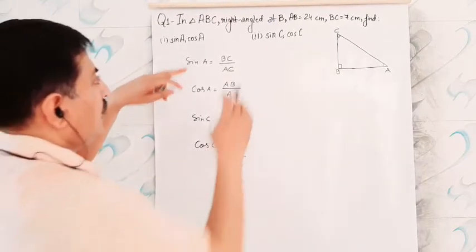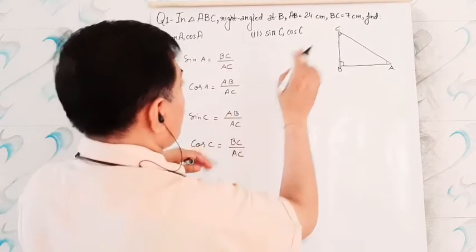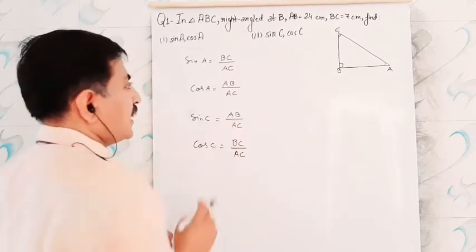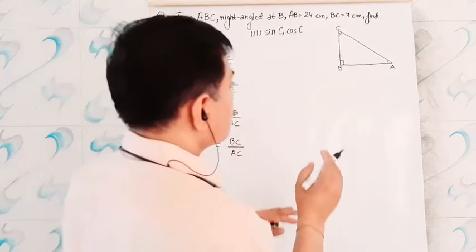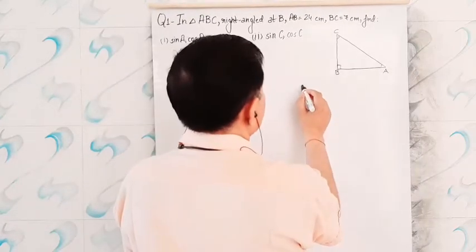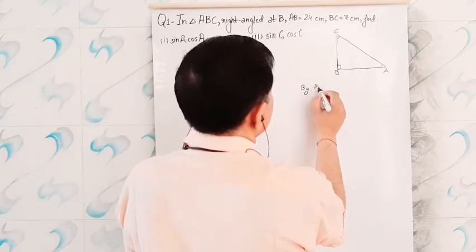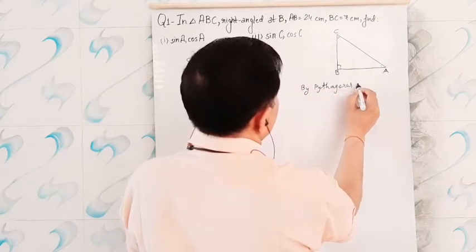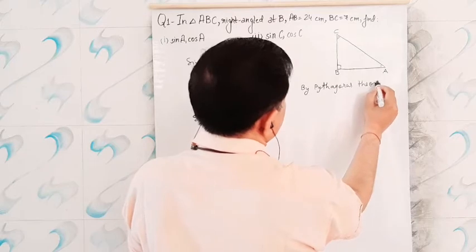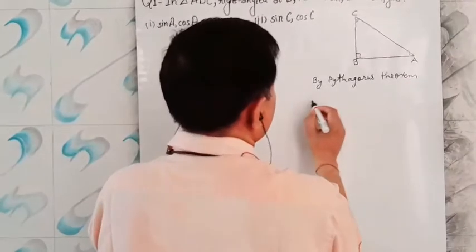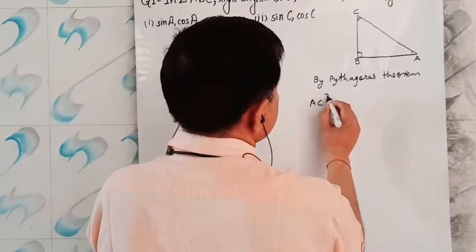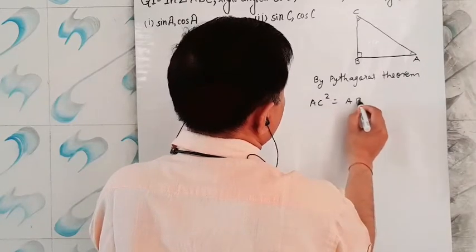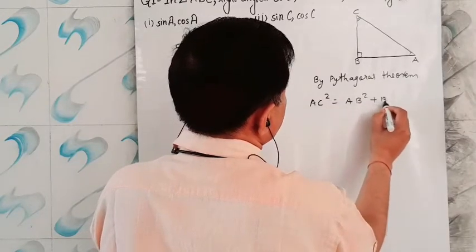Now AB length you know and BC length you know. Here the AC, hypotenuse, you don't know. So we have to use the Pythagoras theorem. By Pythagoras theorem, AC square equals AB square plus BC square.